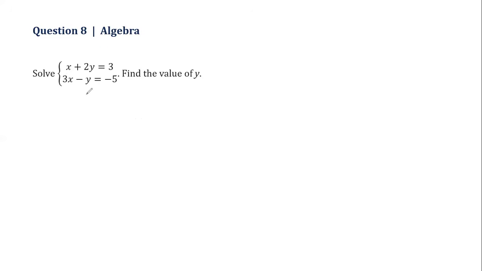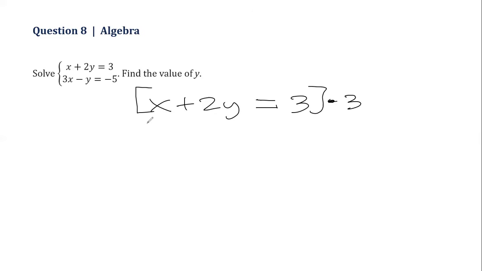So what I will do is multiply this entire thing with 3. So we will get 3x plus 2y is equal to 9.